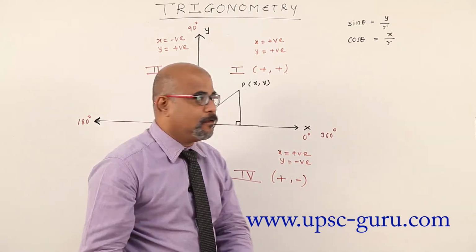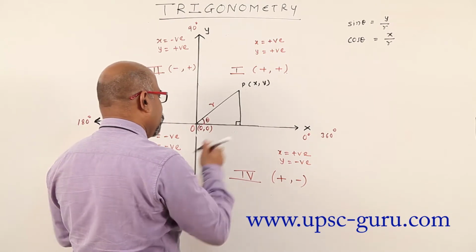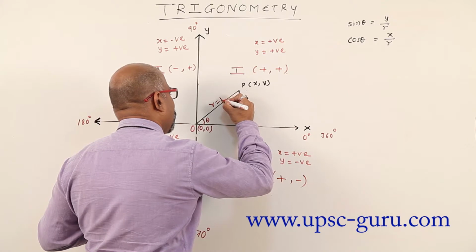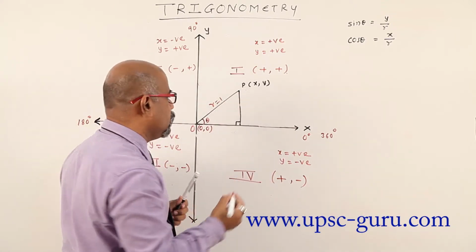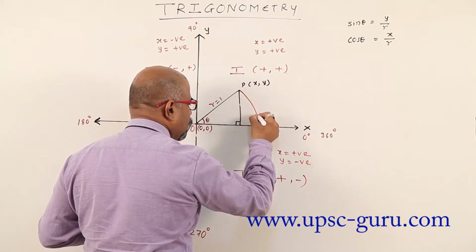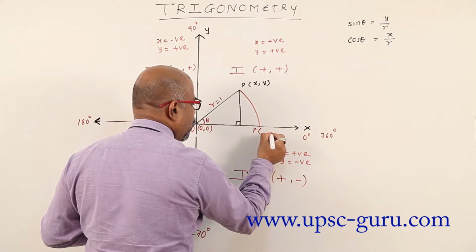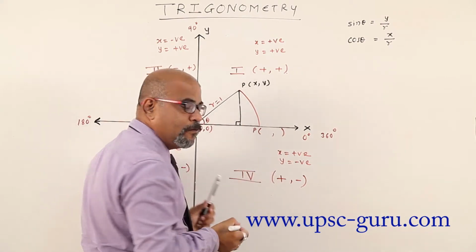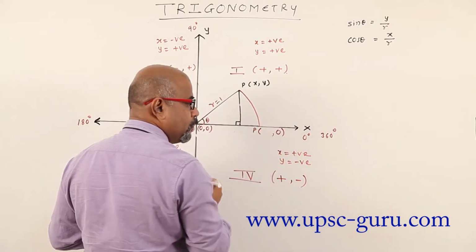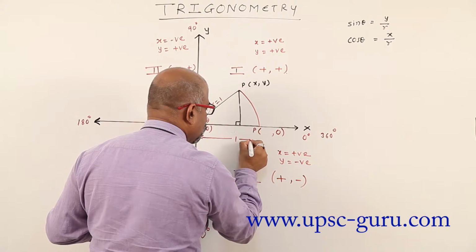For that, we consider radius r equals 1. Now, when r equals 1 and P is on the positive direction of the x-axis, the y coordinate is 0, and r equals 1, so this distance is also 1.